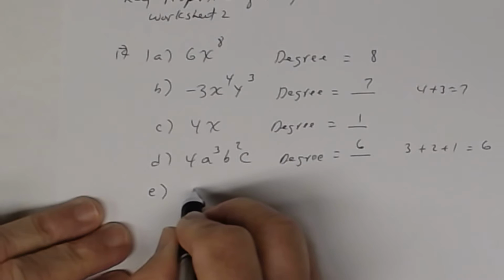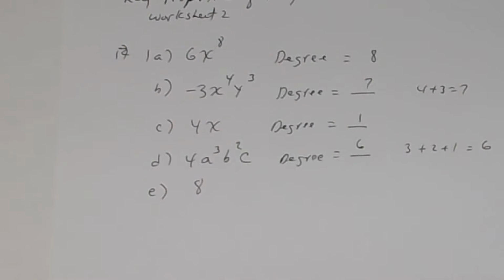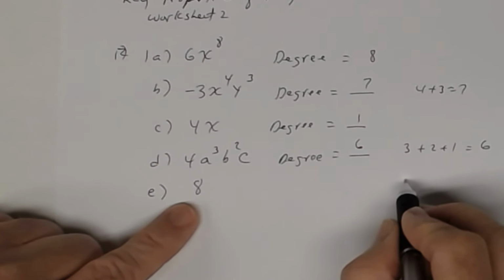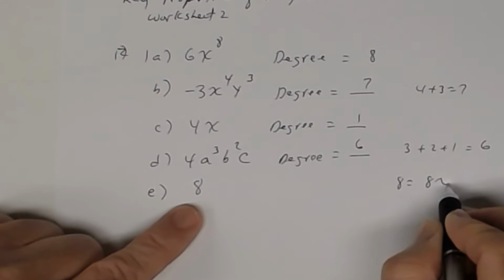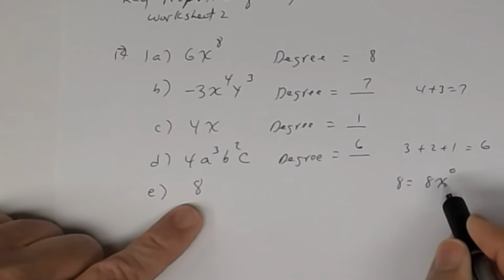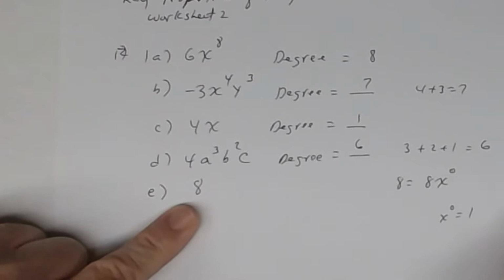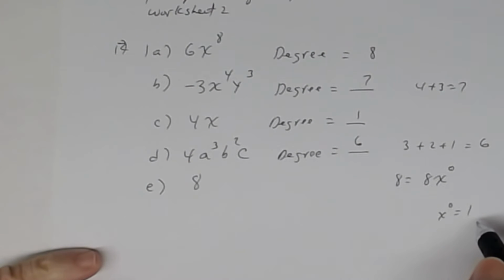And then E, you have the constant 8. Now, some students get confused about that because they don't see a variable, right? So if there's no variable in that monomial, then how do we find the degree? Well, you've got to remember something. I can write 8 as 8x to the 0 power, because x to the 0 power is defined to be 1, as long as the variable does not represent the number 0.